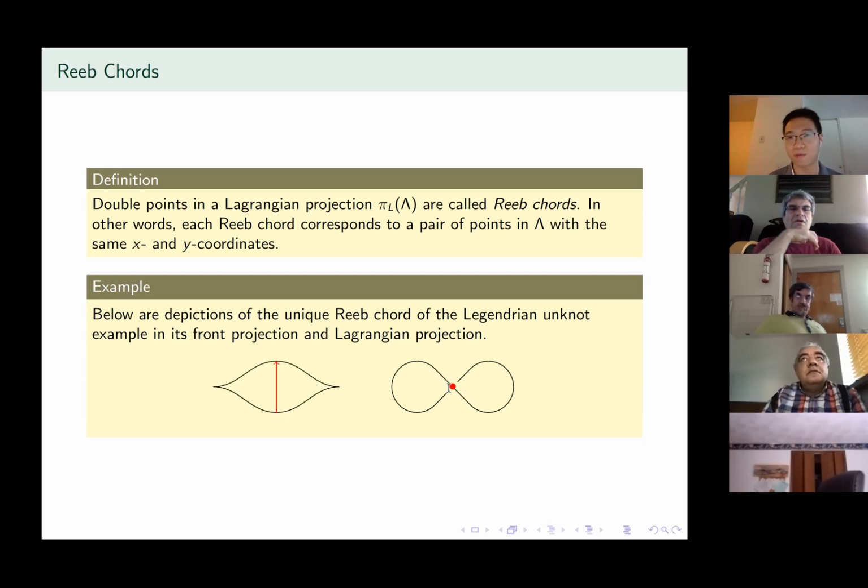That's the ripcord. On the other hand, in the front projection, it's a chord pointing from one point to another, and these two points have the same xy coordinates. You can see the y coordinate by taking the derivative. So basically it's a pair of points with the same x coordinate and parallel tangent lines. That's how you see ripcords.